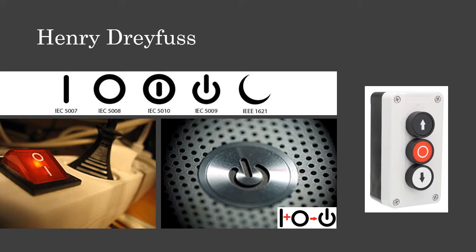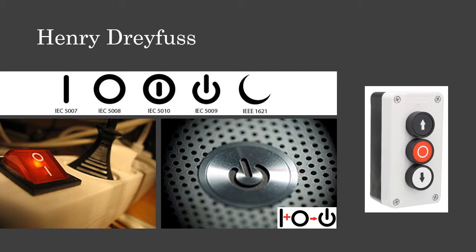Okay, so after Neurath and ISOTYPE, there are a couple other designers who really influenced pictograms in graphic communication. So we're going to go over a couple more people. The first one being Henry Dreyfuss.